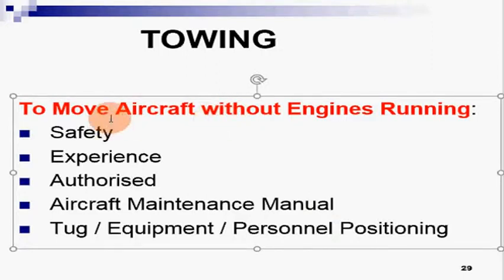In towing, we study the movement of an aircraft without the engine running. Now we are going to study the safety related to towing: what kind of experience is needed to supervise the towing, and what kind of authorization should be given to the people taking part in the towing procedures.